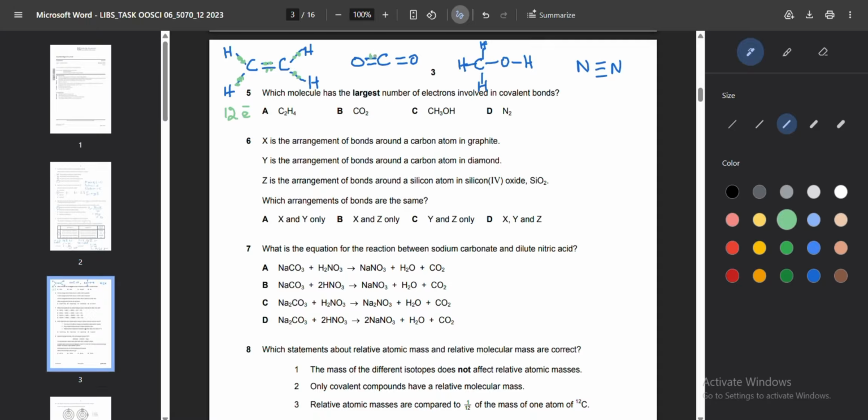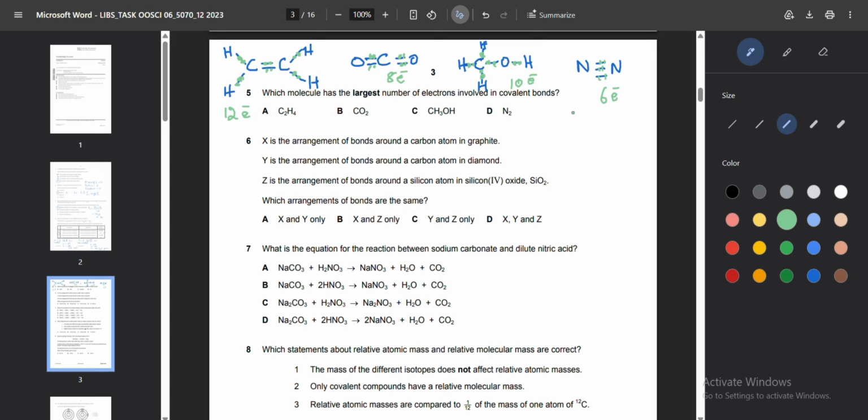In carbon dioxide there are 1, 2, 3, 4, 5, 6, 7 and 8 electrons. Over in methanol it is 1, 2, 3, 4, 5, 6, 7, 8, 9, 10. There are 10 electrons, and over here there are 1, 2, 3, 4, 5, 6 electrons.